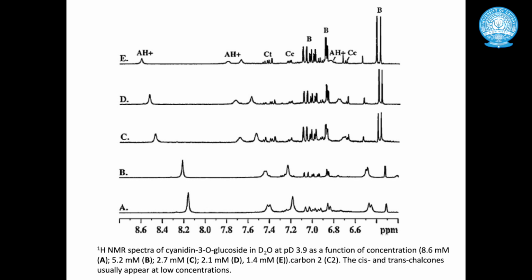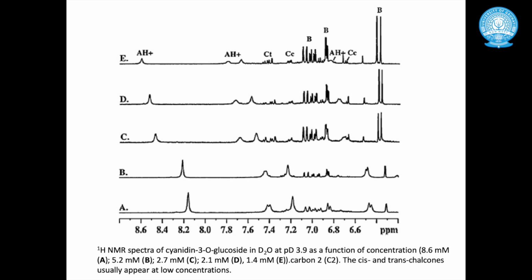But when the concentration is reduced to 1.4, you see the D, then you will see E, the E here on top of this figure, you will see that there is a lot of shift because of the reduced concentration.